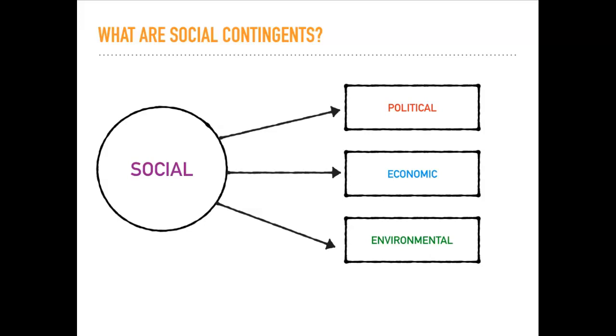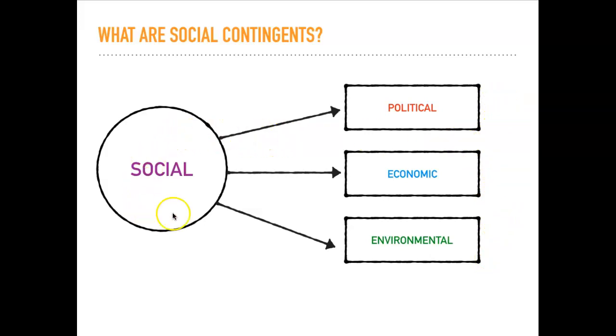When we're talking about the social impacts of technology, we need to key into the idea that we are looking at things in the social realm. But what exactly does that mean? Well, social scientists call these social contingents. When we're talking about the social world of human beings, we are talking about some very particular traits.